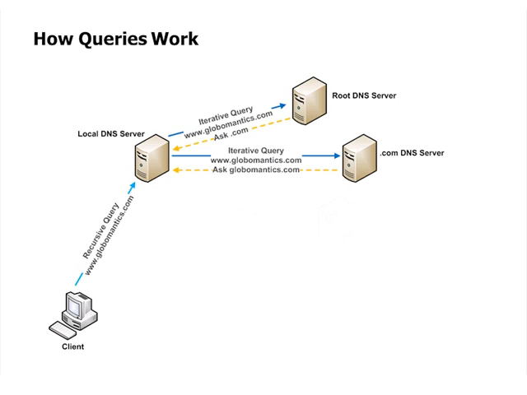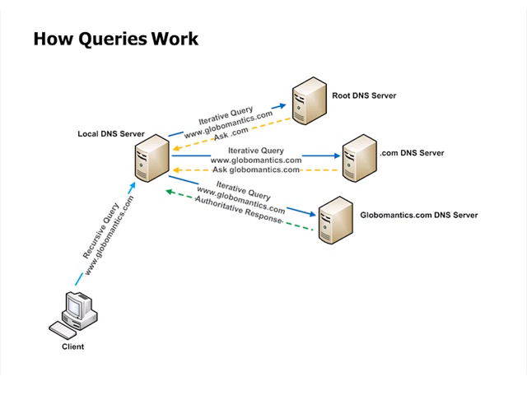So the local DNS server, once again not having a complete answer yet, and also not having an authoritative no, says, all right, I'll make another iterative query to the globalmantics.com DNS server and ask if it knows who www.globalmantics.com is. And that server says, well, why, yes, I do. I do know the IP address for www.globalmantics.com. Or, because that particular DNS server is authoritative for globalmantics.com, it could give an authoritative no, that name doesn't exist. Either one of those is an acceptable answer.